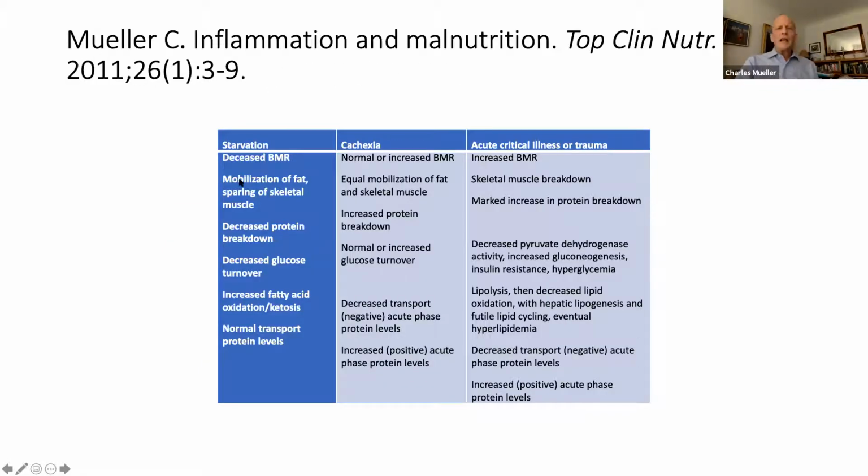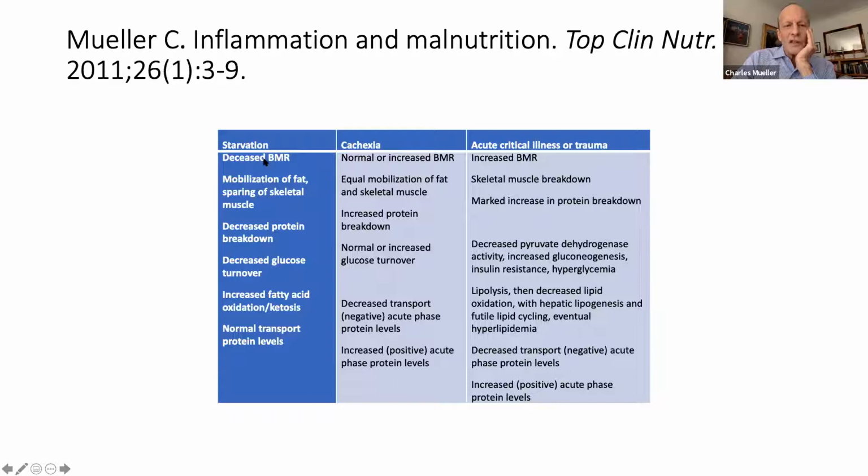And here is a slide that I absolutely demand my students learn at all levels of my teaching, and that is the difference between starvation, chronic disease-related malnutrition, and acute. I use the words cachexia and acute critical illness or trauma.